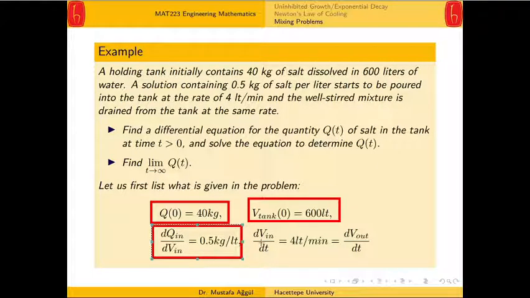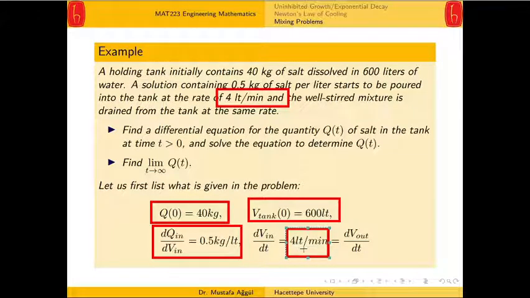Also, here we have another piece of information. The solution enters the tank at a rate of 4 liters per minute. If we check the units, this is liters per minute, so this is a kind of speed. How many liters will enter after 5 minutes? It will be 20 liters.